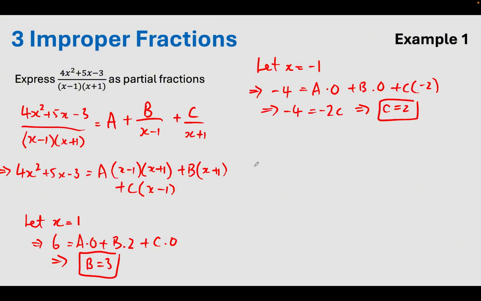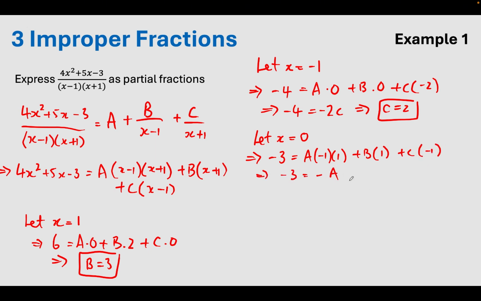Now, for the final step, if I try to eliminate b and c, I would always eliminate a here. So I have to pick a value that won't eliminate any of them. So I'll pick something easy like 0. That means on my left hand side I get minus 3 equals a times minus 1 times 1 plus b times 1 plus c times minus 1. Tidying that up, I get minus a here.